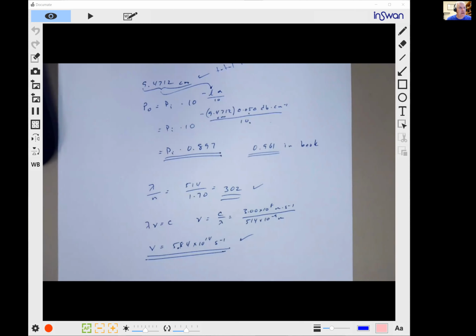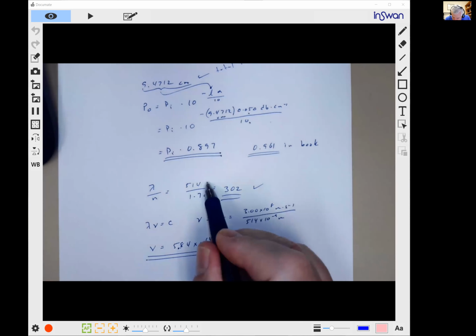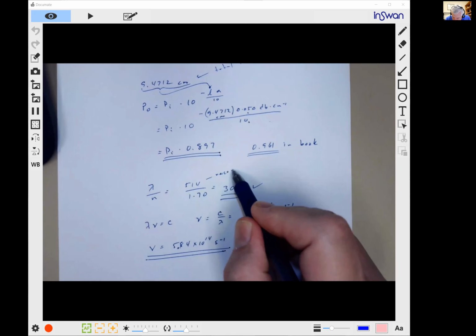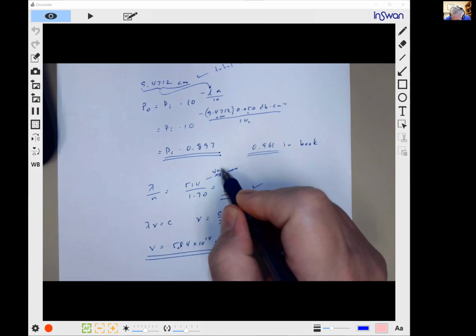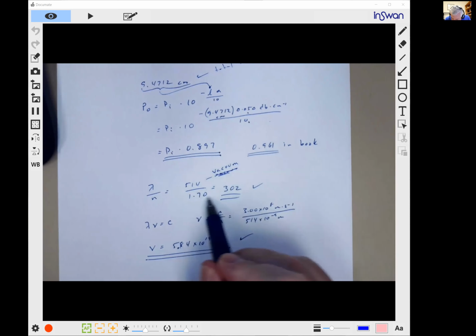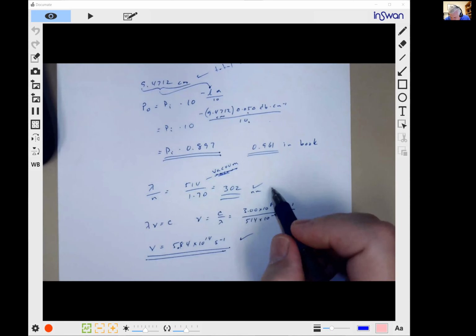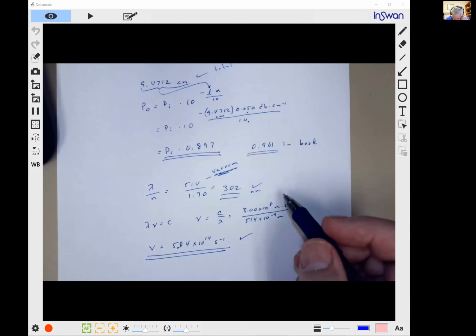We can also do 13 and 14. And then the wavelength, 514 in vacuum, divided by 1.70 gives 302 nanometers in some organic material.